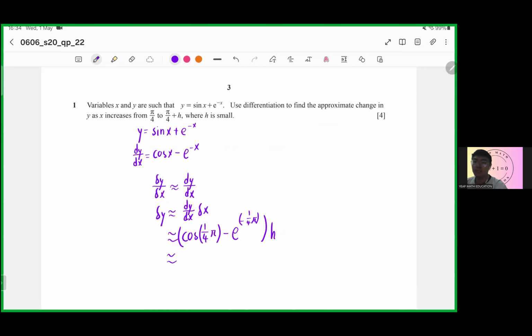You can take your calculator to calculate the e. Okay, we get 0.251h. I hope you guys can understand.